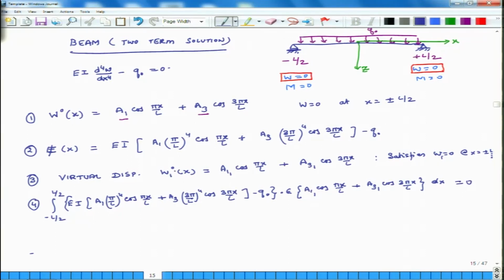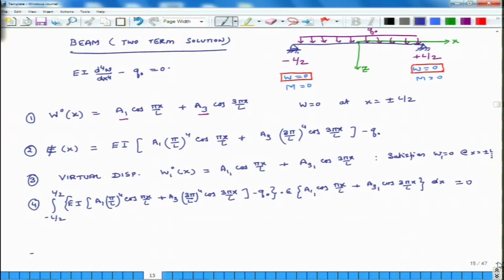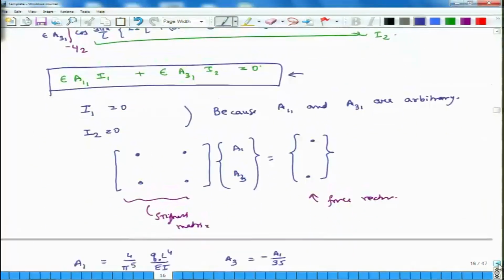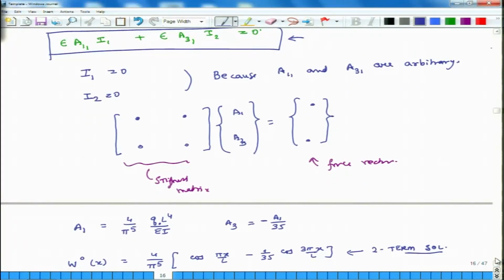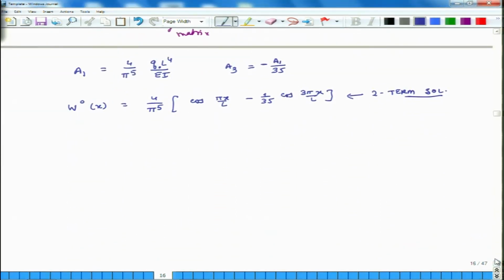Then I will have my virtual displacement, again with three terms involving A11, A31 and A51, and then I equate the virtual work to 0. Here I had two equations involving A1 and A3; there I will get three equations, and I solve for A1, A3 and A5, and that is how I do it.